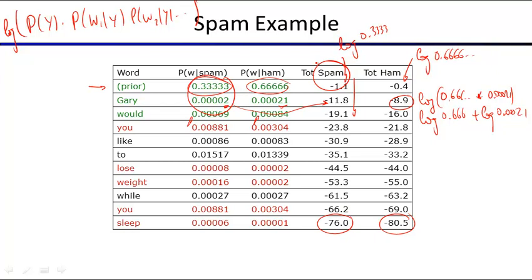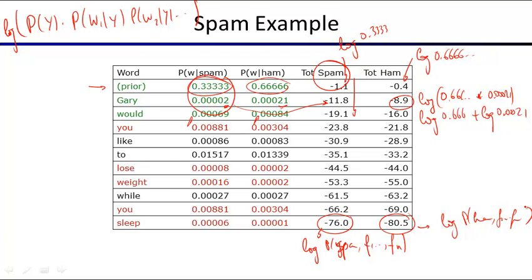If you want to go back to probabilities, just to make it very explicit, what this is here is the log probability of the label, in this case spam, and the features f1 through fn. If you want to go back to actual probabilities, all you have to do is exponentiate these two things, and then you have the probabilities back. These are the joint of the label and the features.